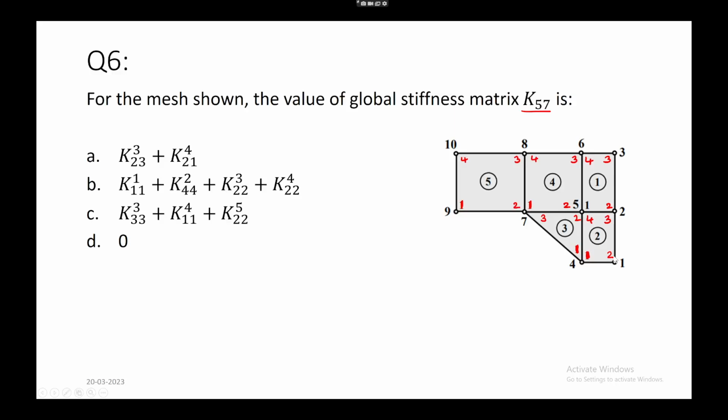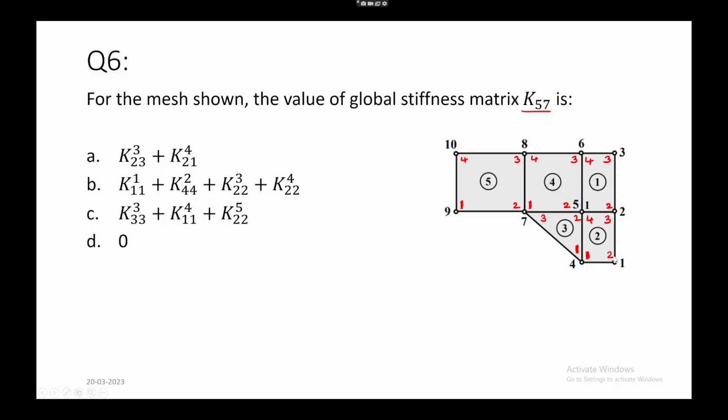Since it is 5 7, the corresponding local numbering for the third element will be 2 3, and for the fourth element it will be 2 and 1. So I hope there is no doubt in this question. We shall move to the next one.